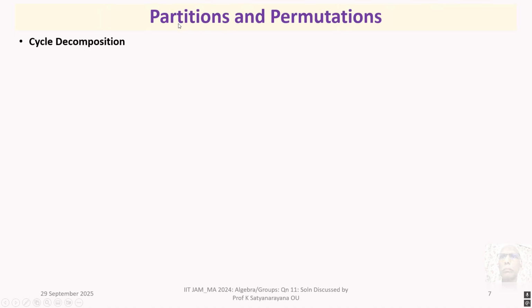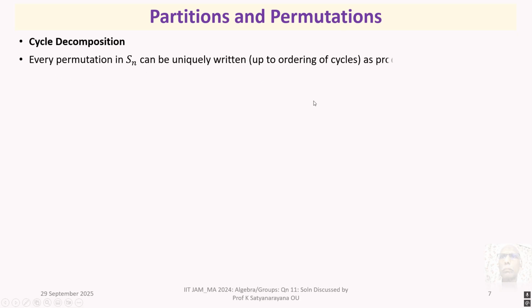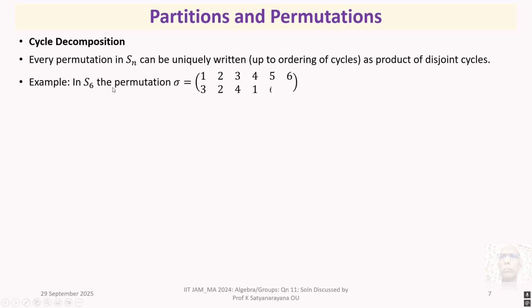Right. So, we talk about partitions and permutations. Cycle decomposition, we know this one. Every permutation in Sn can be uniquely written, up to ordering of cycles, as a product of disjoint cycles. For example, in S6, this is the permutation sigma, right?